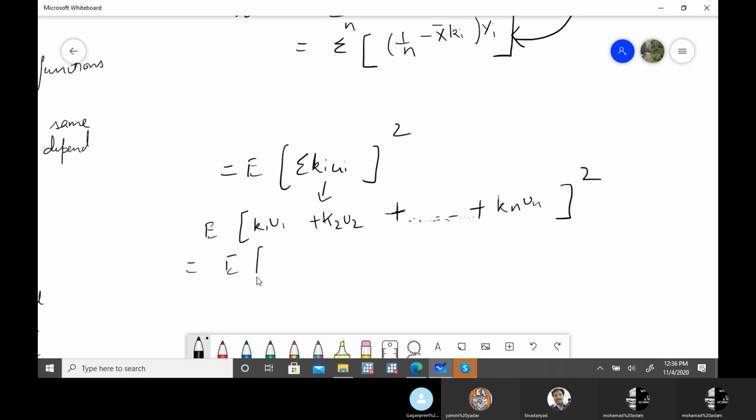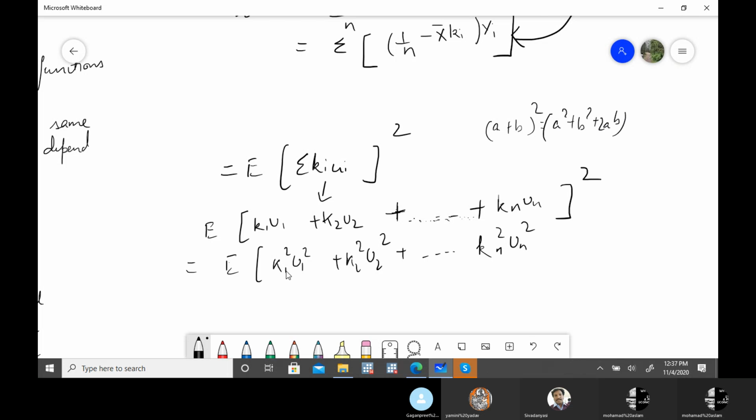So what it means? k1 square u1 square, like in the formula of a plus b whole square, then k2 square u2 square and so on, then kn square un square. If we have a plus b whole square, it is equal to a squared plus b squared plus 2ab. So in this form, all these terms are a square, b square till n.